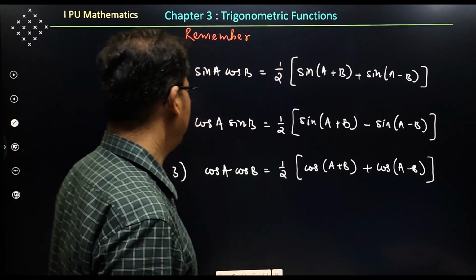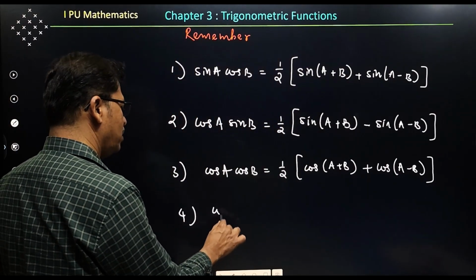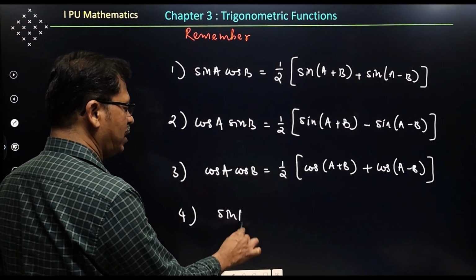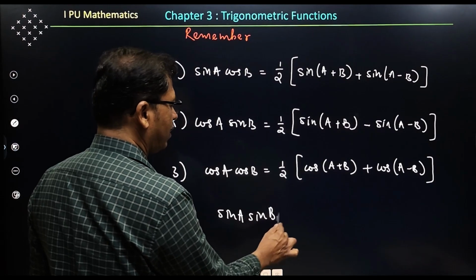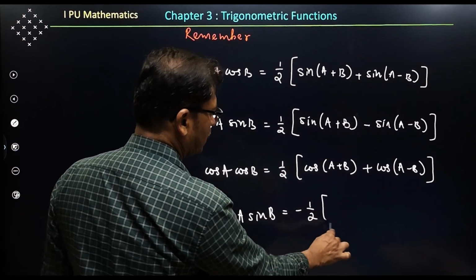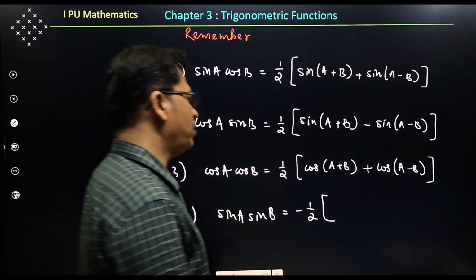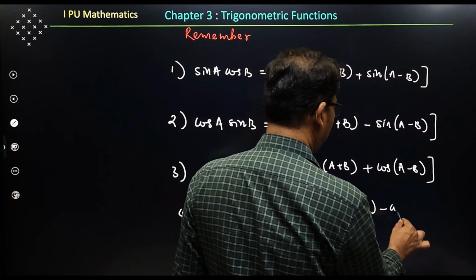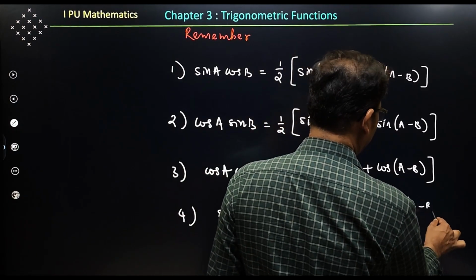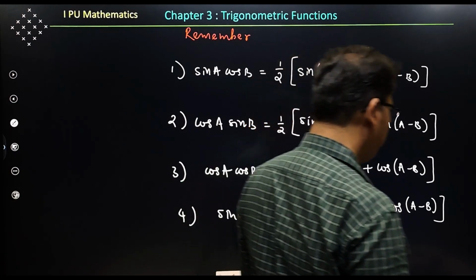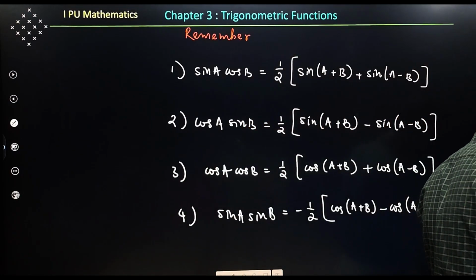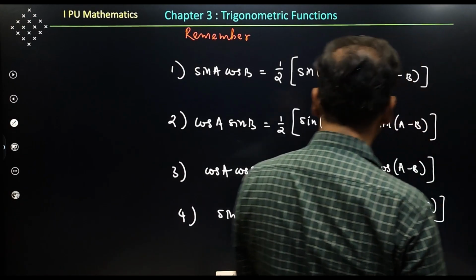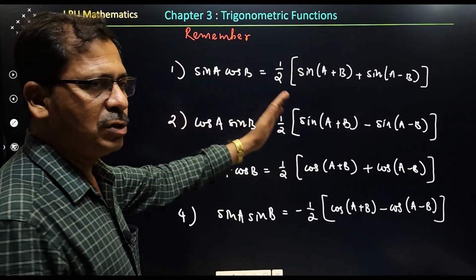Next to this, fourth result, the product of sin and sin: sin a into sin b is equal to minus 1 by 2 into bracket cos of a plus b minus cos of a minus b. So these are the first four results. These are product to sum.